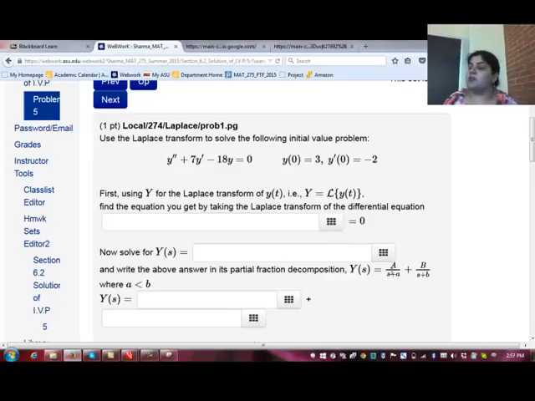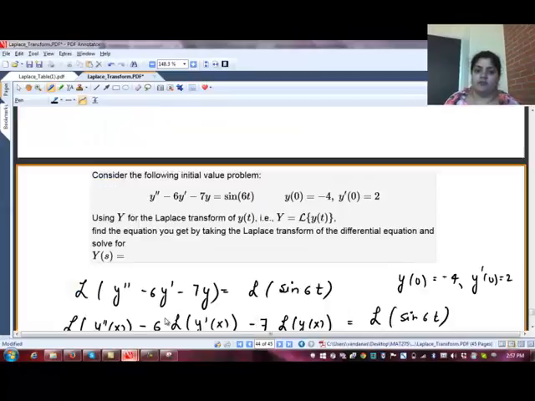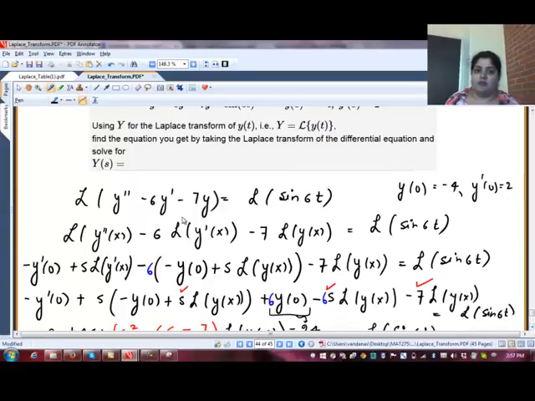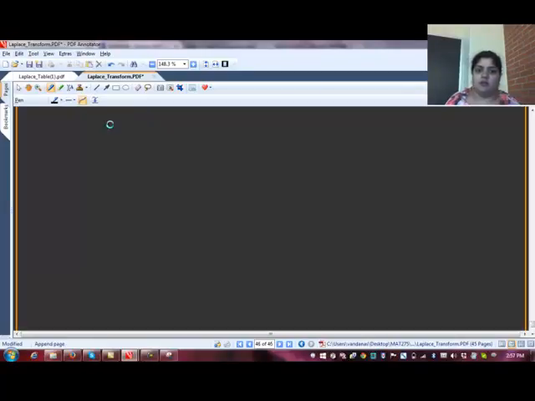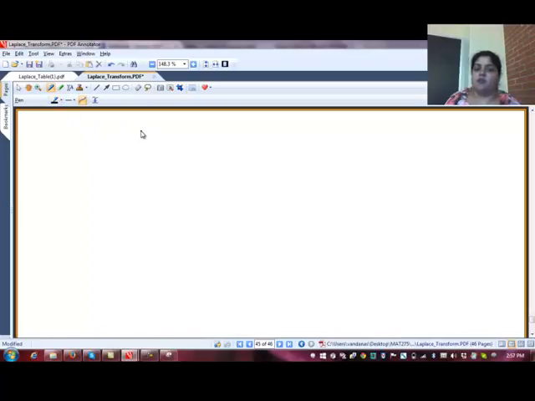The exponential function's Laplace transform is 1 over s plus a, 1 over s minus a, right? So suppose what I am saying here is, if I ask you what is the function, give me the function back whose Laplace transform is 1 over s minus 3.